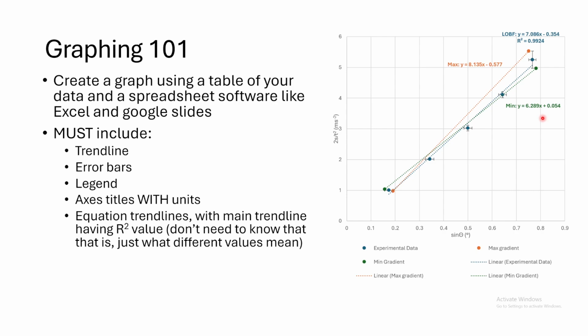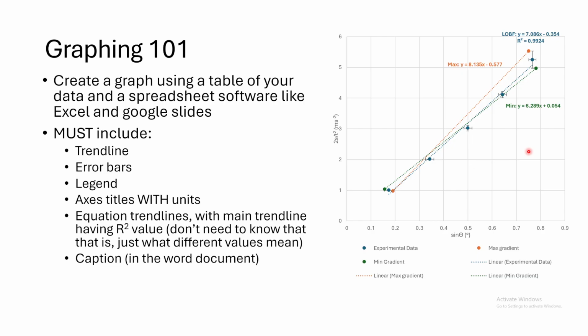And with the r-squared value, you don't need to know what that is, you just need to know what it means. And you can have a caption on the graph, or you could have it under the graph in the Word document, but you need to have a caption for the graph. You just need to have one.